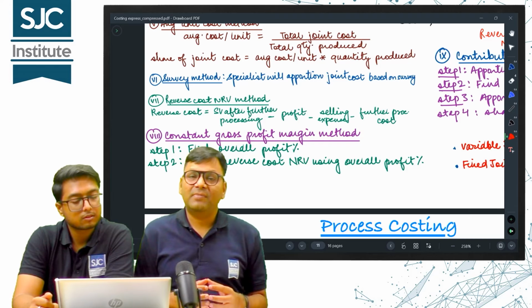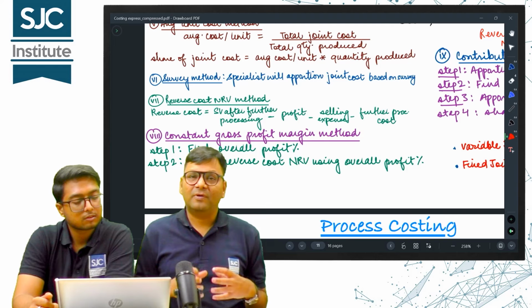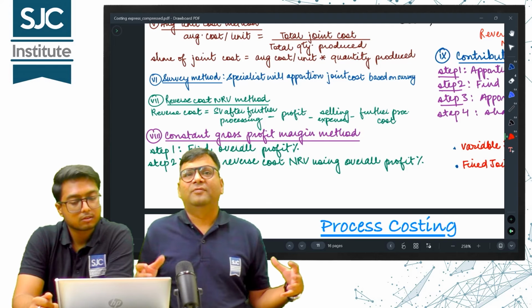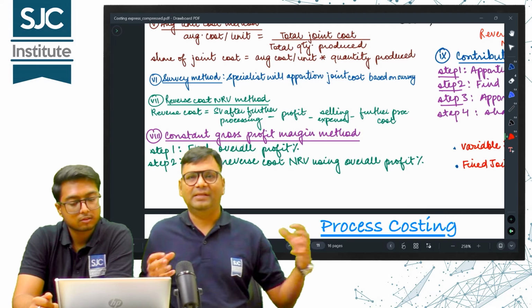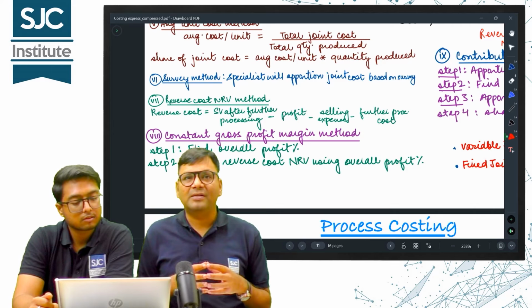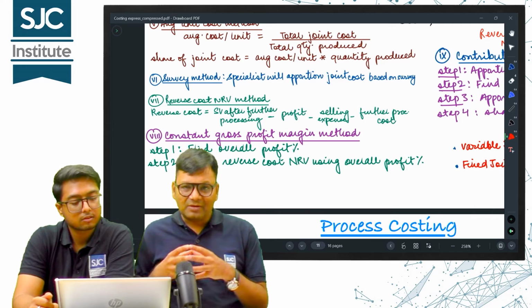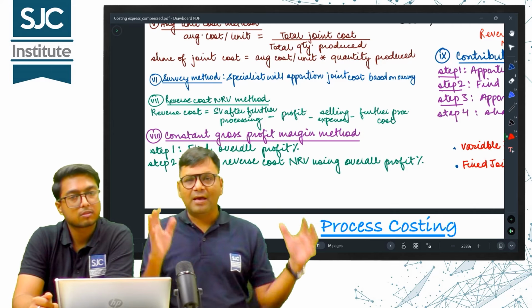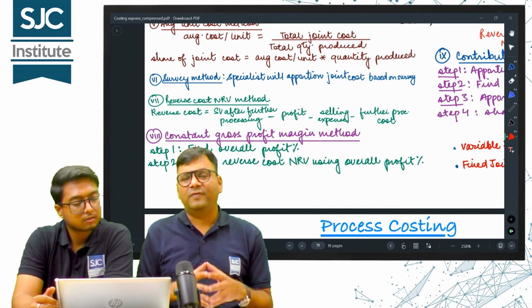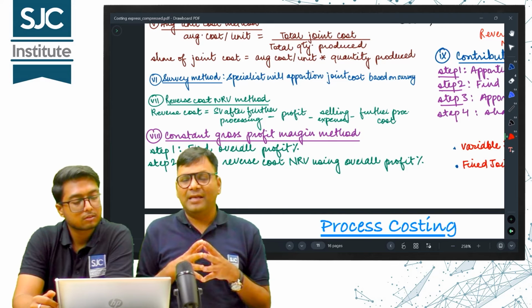Now this estimated profit margin is the profit margin from the entire product, from joint process till further process. It's not that it's the profit margin for further process or just the main process. It's the entire margin which we deduct to find out the net NRV.